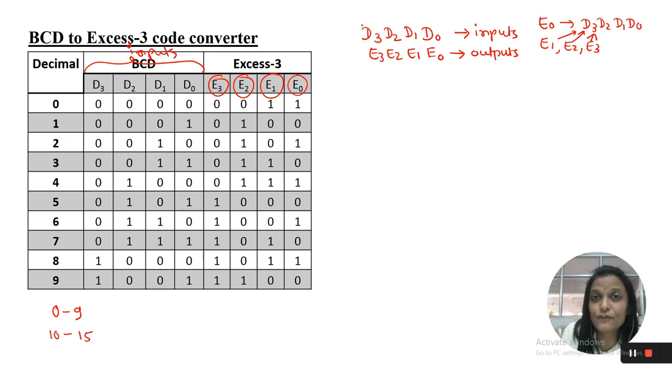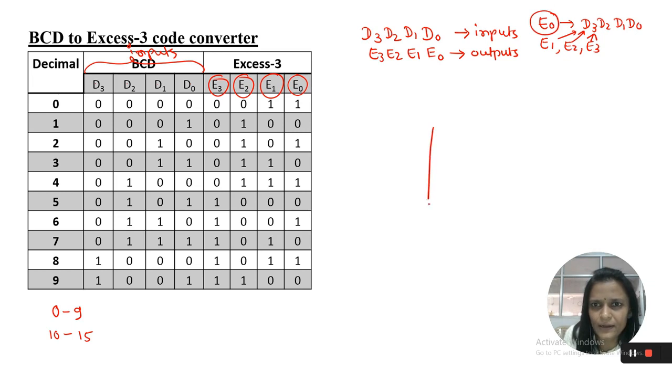There are 4 variables, D3, D2, D1 and D0. I am representing them as variables because they are inputs of the circuit. So according to 4 variables, I need a 16-block K-map to find out the expressions of E0, E1, E2 and E3. Let me prepare the K-map to find out the expression of E0.